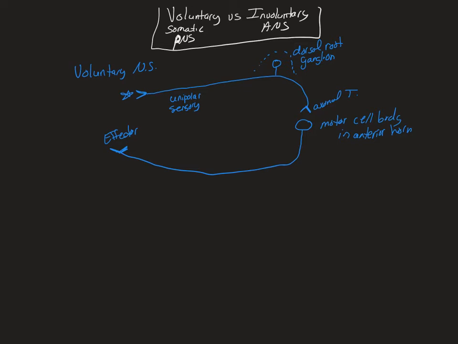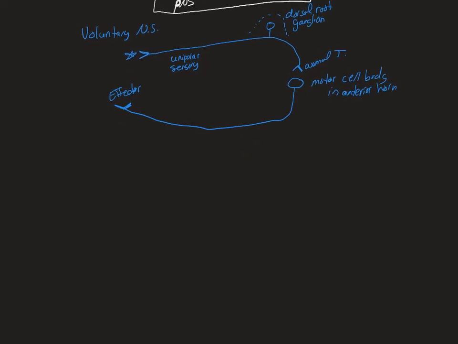Now, if we look at involuntary, so we're going to look at the autonomic side, so the autonomic nervous system, we're going to be dealing with more than two neurons, okay? We still have our stimulus, and we've got our sensory neuron right here, all right, and it's going to go into the spinal cord. There's the cell body.